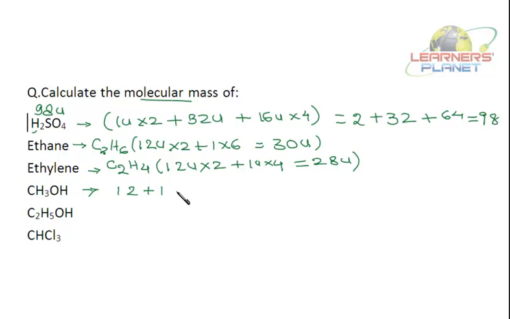Unified atomic mass unit. 1 into 3, as 3 hydrogens are present there, plus 16 plus 1. So what will be the mass? 12 plus 3 is 15. 15 plus 1 is 16. 16 plus 16 is 32. So it is 32 units.